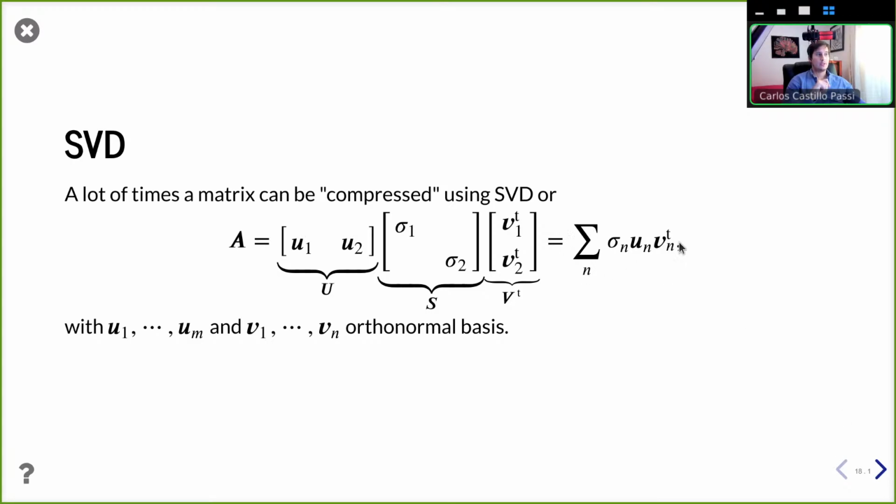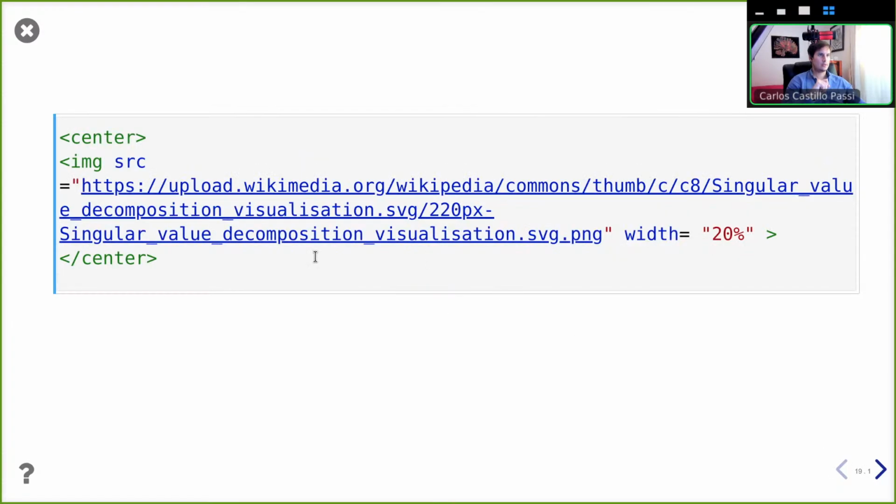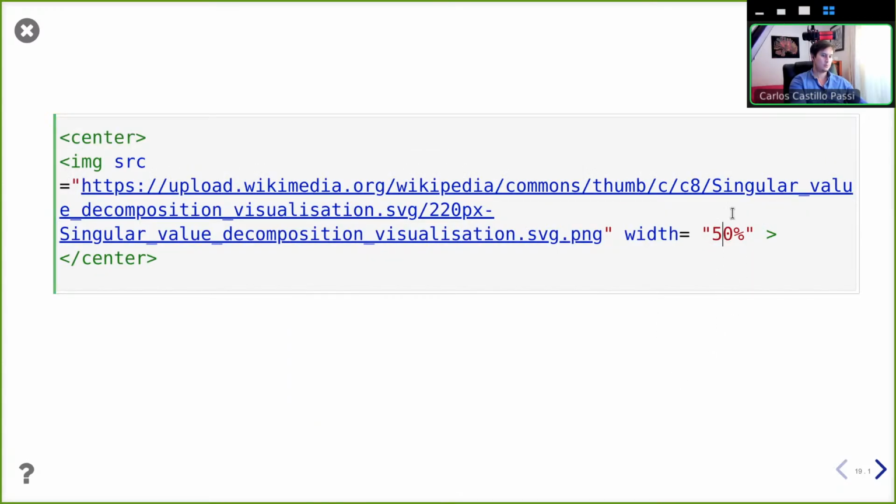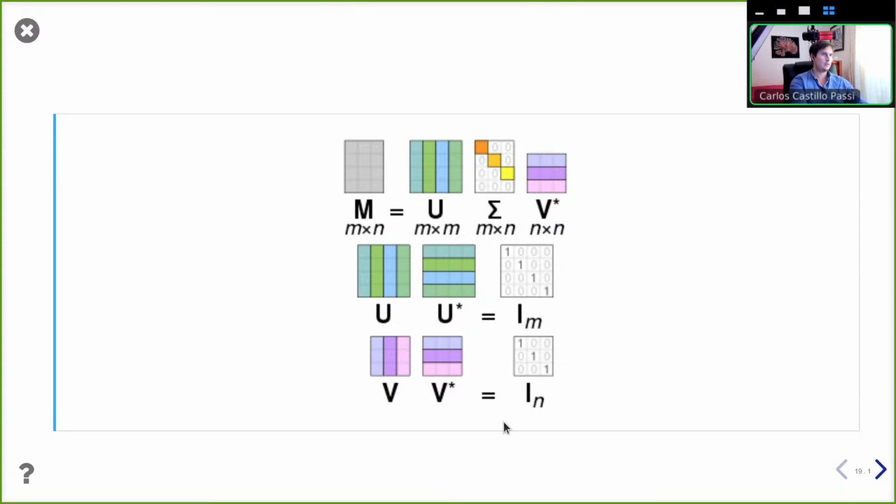This is equivalent to this series, but let's look at it with a picture. So I have a matrix M that is not a square matrix, and I can write it as U, this sigma or S, and this V matrix.